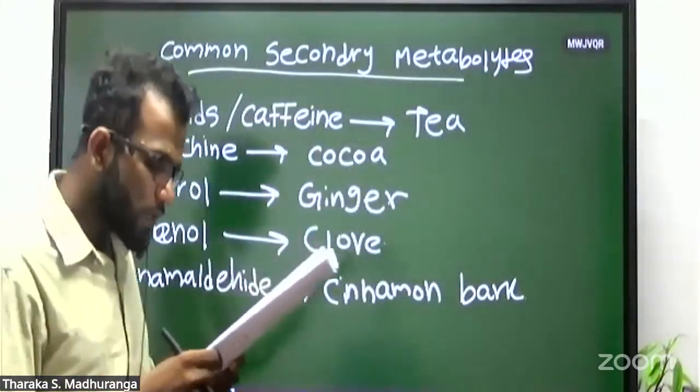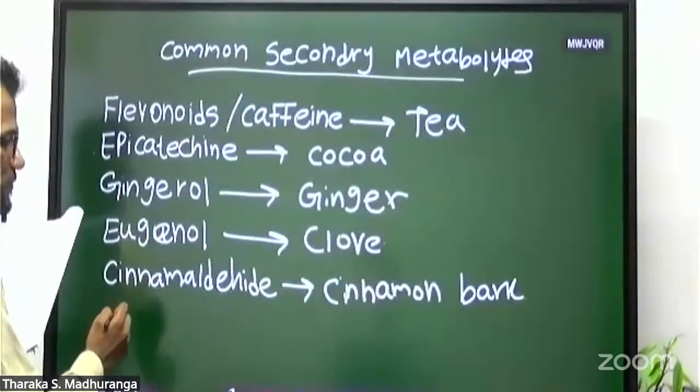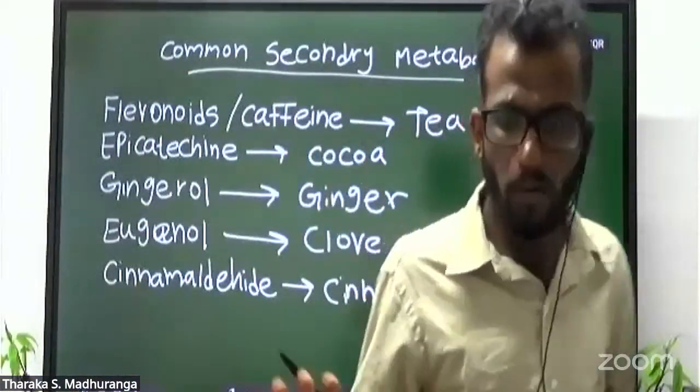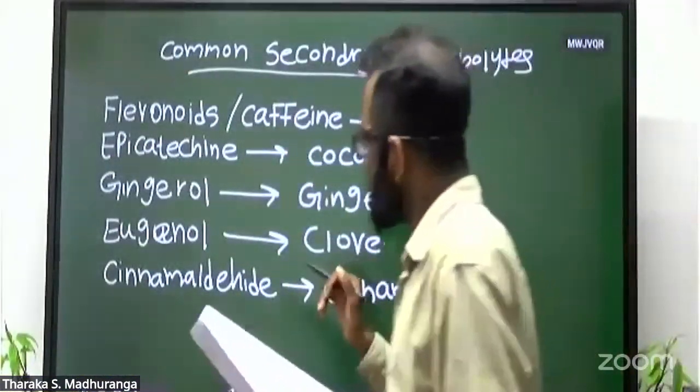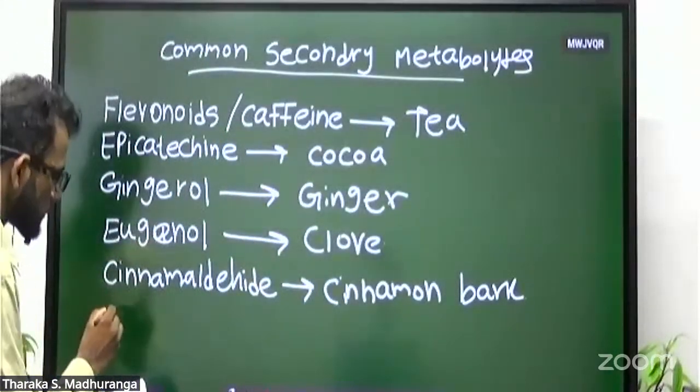Morphine, codeine, the poppy flower. You can search them on the internet and get more information about these secondary metabolites.